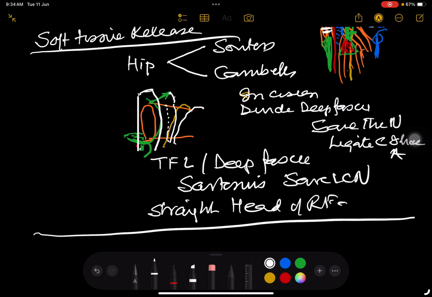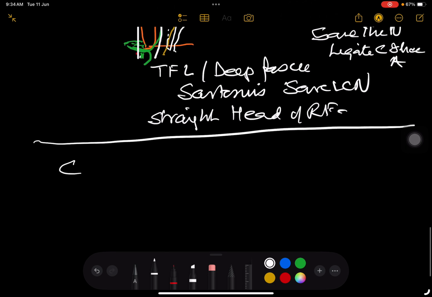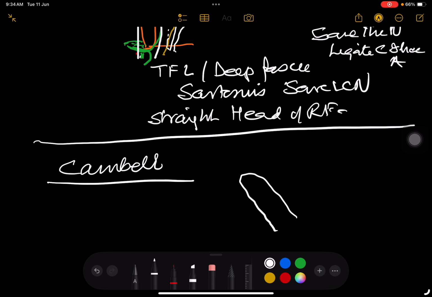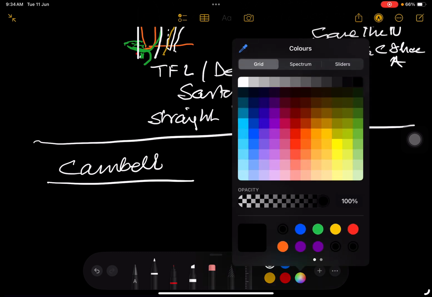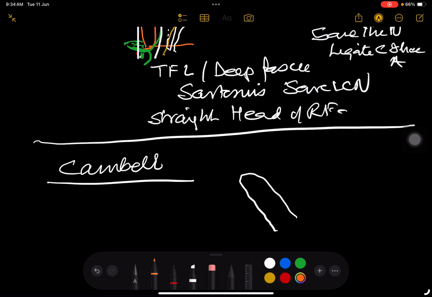Now, if you want to proceed to Campbell, this is the iliac crest. Okay. On this side are the muscles external to the iliac crest. On this side are the muscles internal to the iliac crest, and these are the anterior abdominal wall.